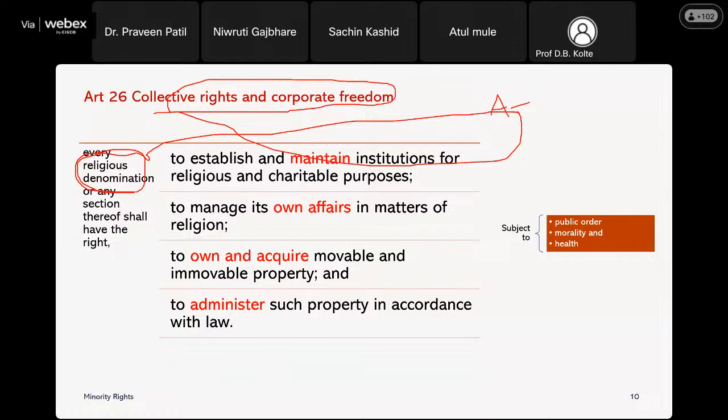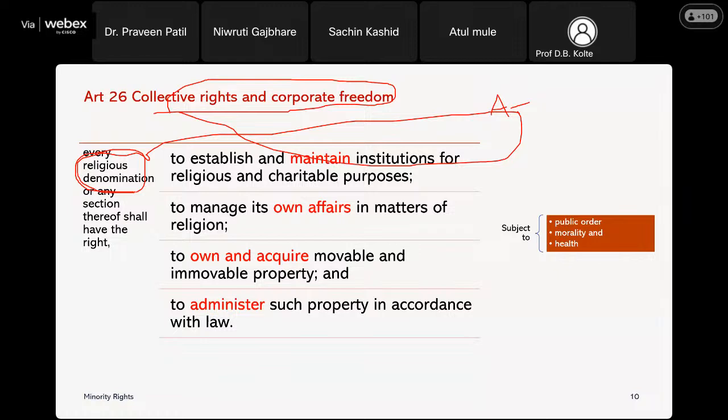to promote your thinking. And therefore, Article 26 has supplemented Article 25, and it says, as an individual, you have a freedom of conscience, you have a freedom of religion, but since this right cannot be enjoyed in a meaningful way individually, let us extend this facility of right to religion in a collective manner.